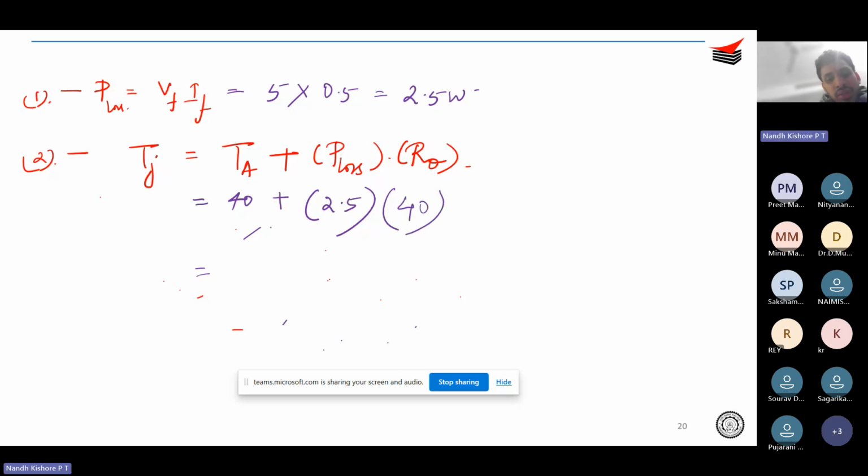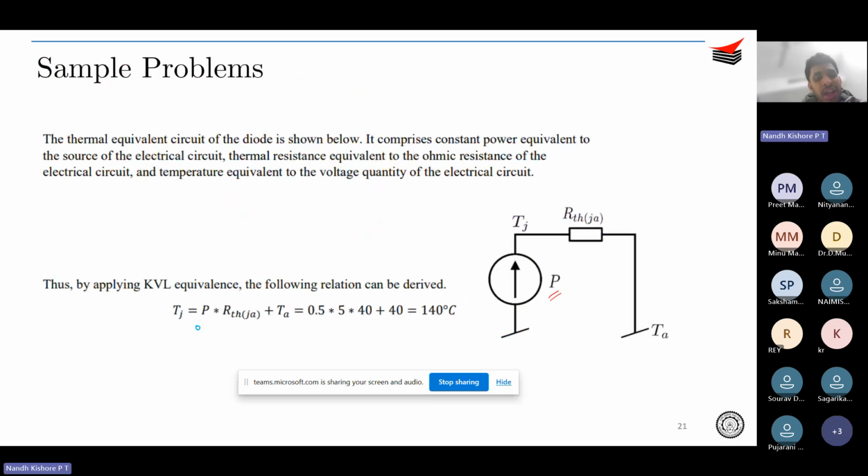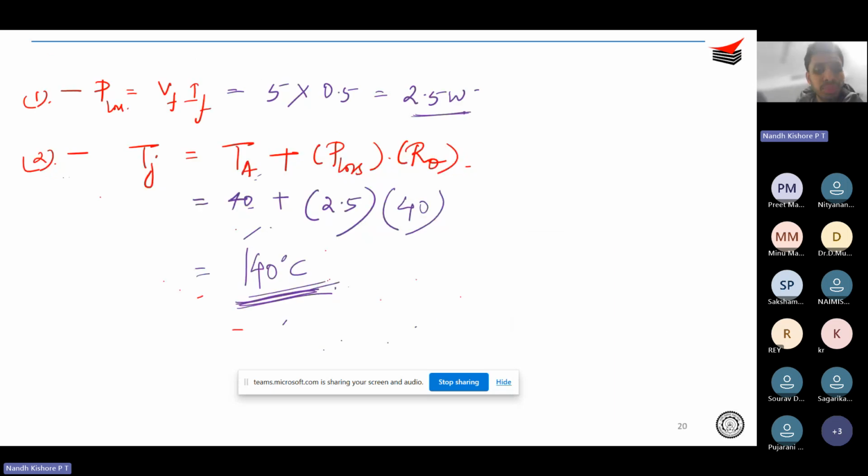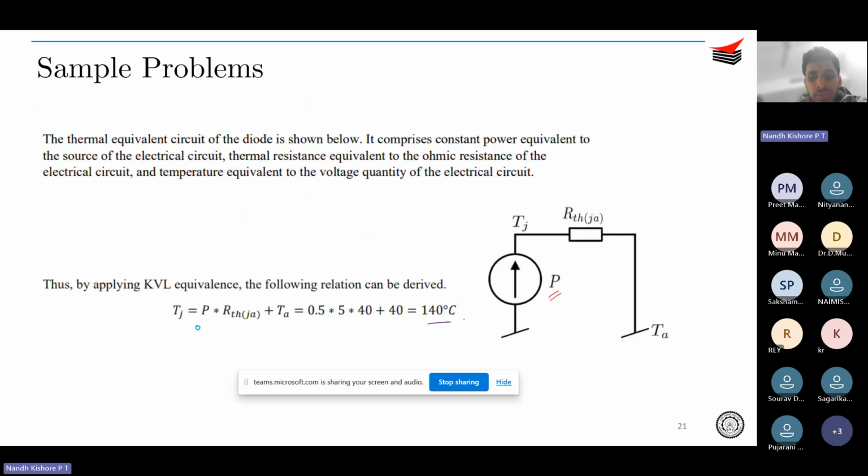So it turns out that your Tj will shoot up to 140 degrees. So this is your Tj. You understand that your ambient was only 40 degrees, but just because of your 2.5 watts of power loss across the device, you are going to get a Tj of 140 degrees.